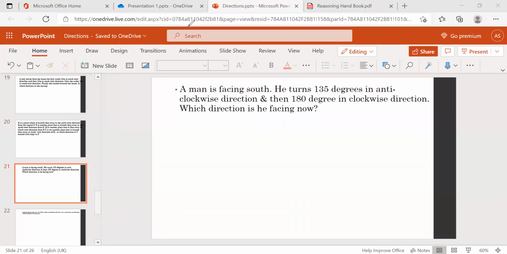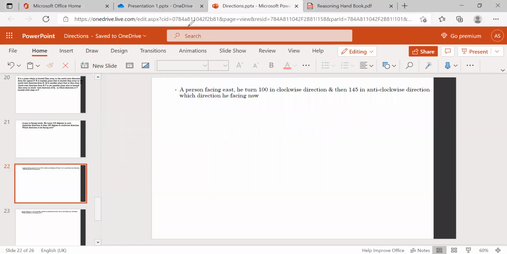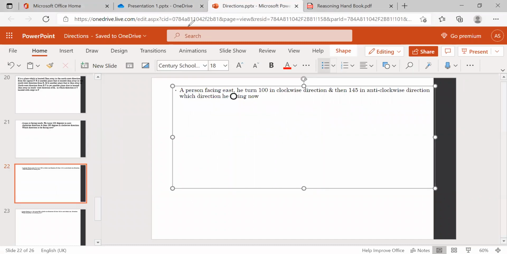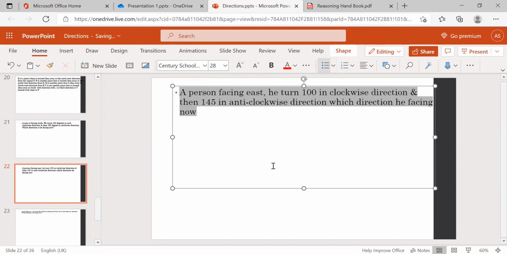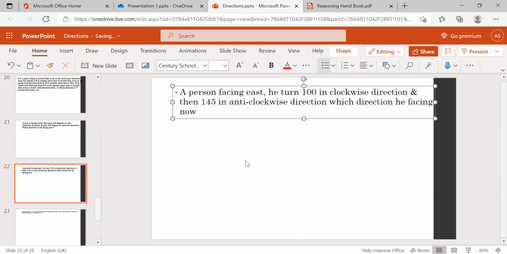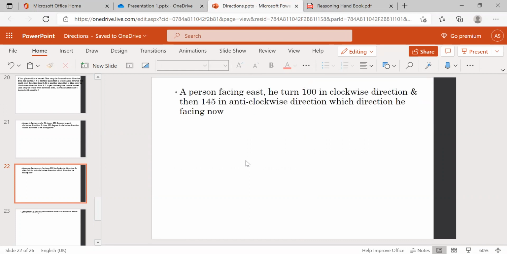Now check another one. A person facing east turns 100 degrees in clockwise direction, and then 145 degrees in anti-clockwise direction.